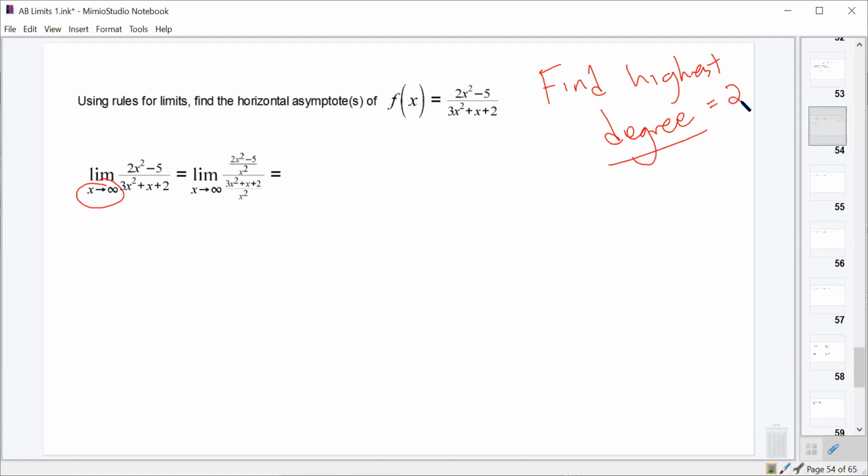Right, the highest degree is 2. So we are going to divide every term by x squared, by the simplest polynomial we can come up with that has a degree of 2. So that's what I've done here. I've written the limit as x approaches infinity of all that original junk that we had, but all divided by x squared.